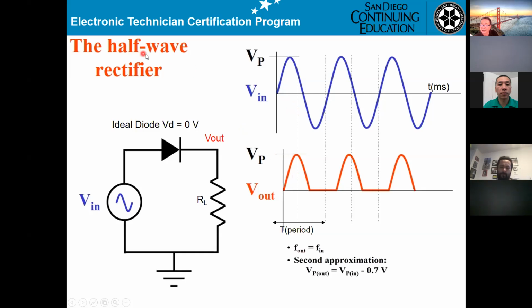That's why they call it half-wave rectifier. If you want to know the frequency, the input period is from here to here, and the output period is the same. You get the same period, so the input frequency and the output frequency will be the same.